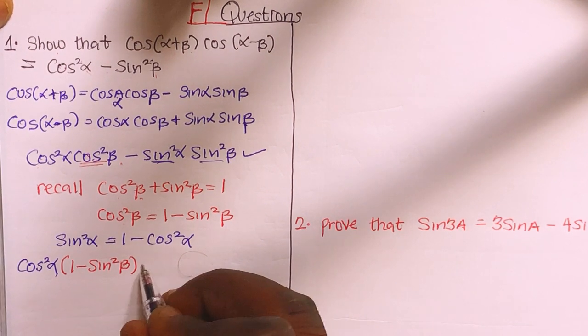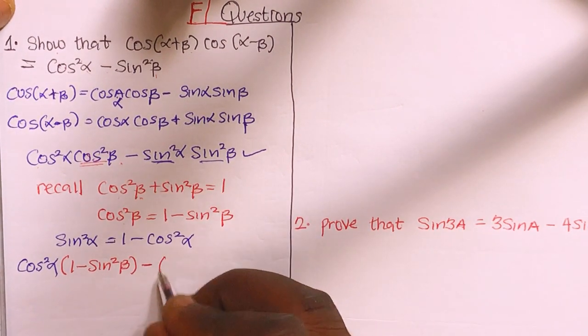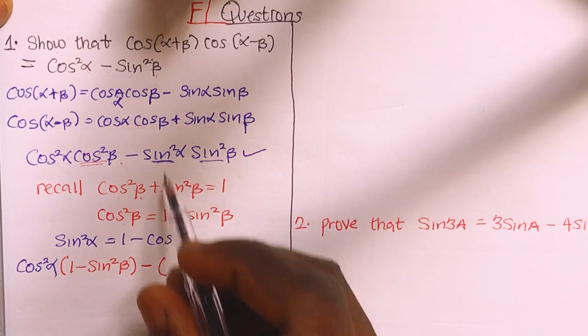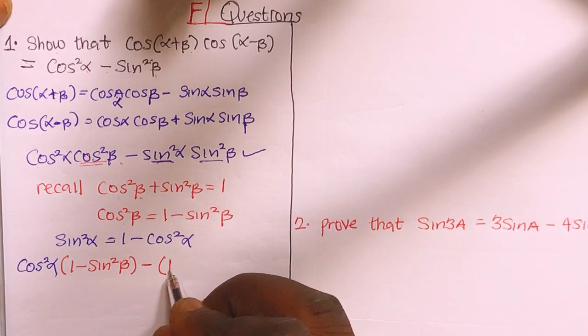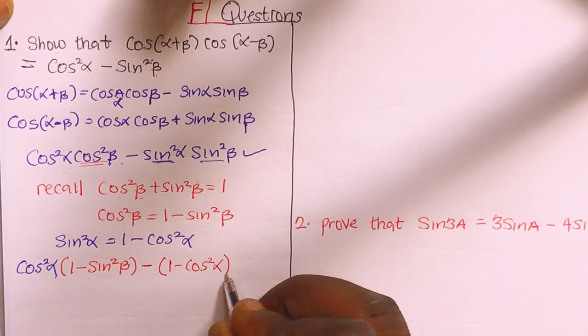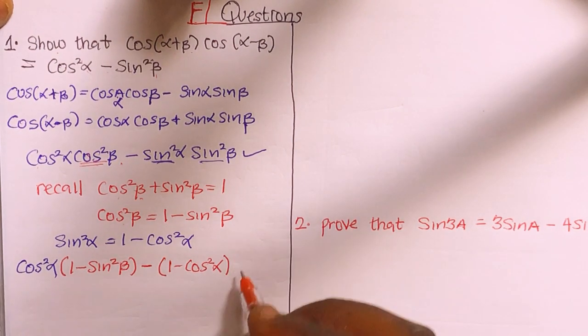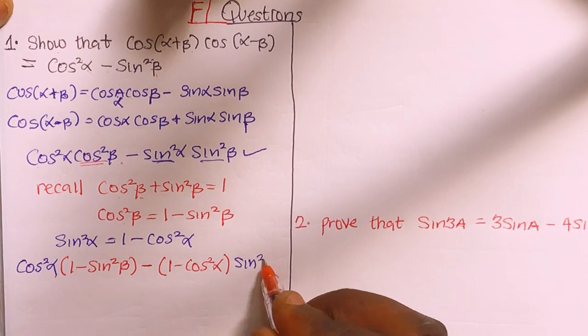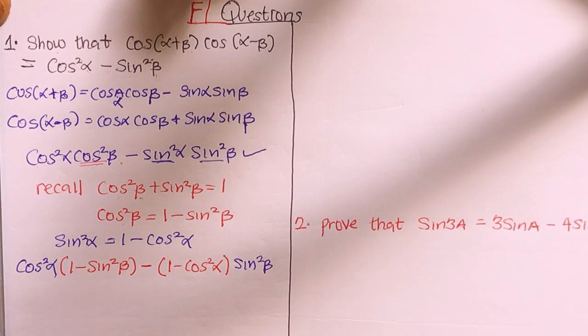Then you have your negative sign here, open another bracket: sine square alpha, which is 1 minus cos square alpha, close the brackets, and you have your sine square beta outside.